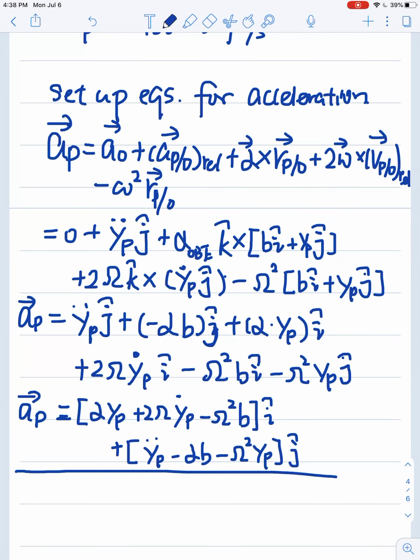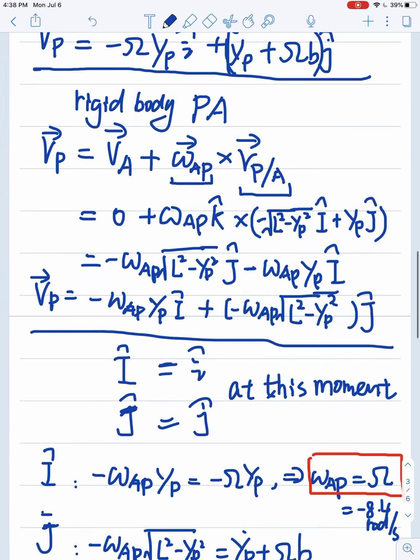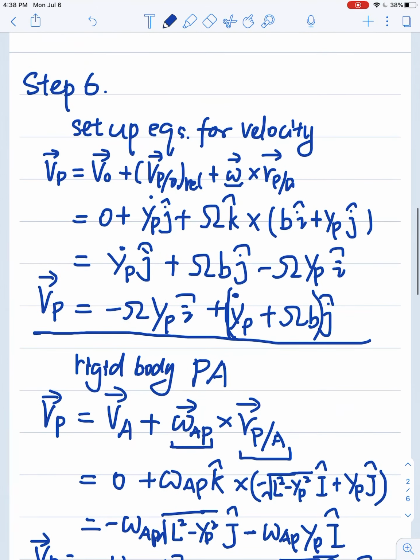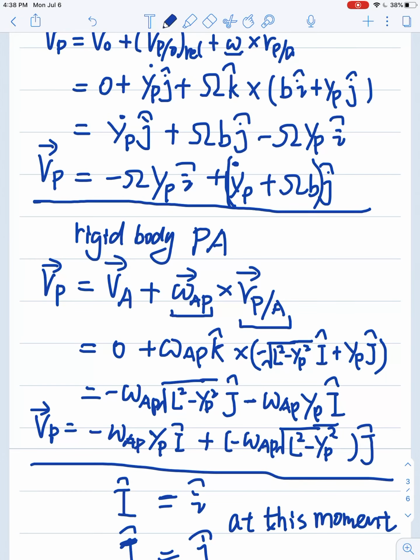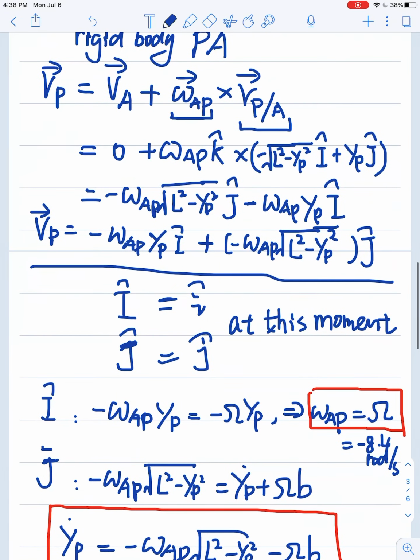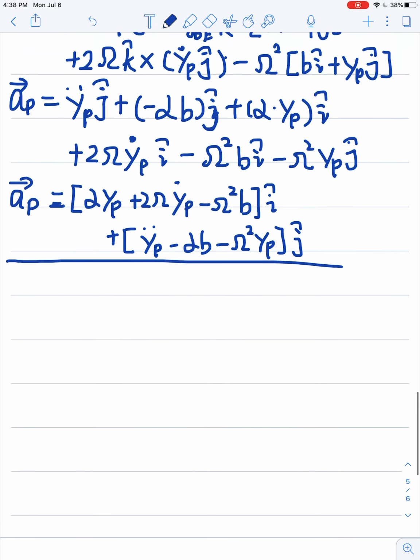So far we have our first expression for AP, and just like what we did for velocity, we need to look at the rigid body PA and build another equation. So let's do that for the acceleration. Alright, rigid body PA.